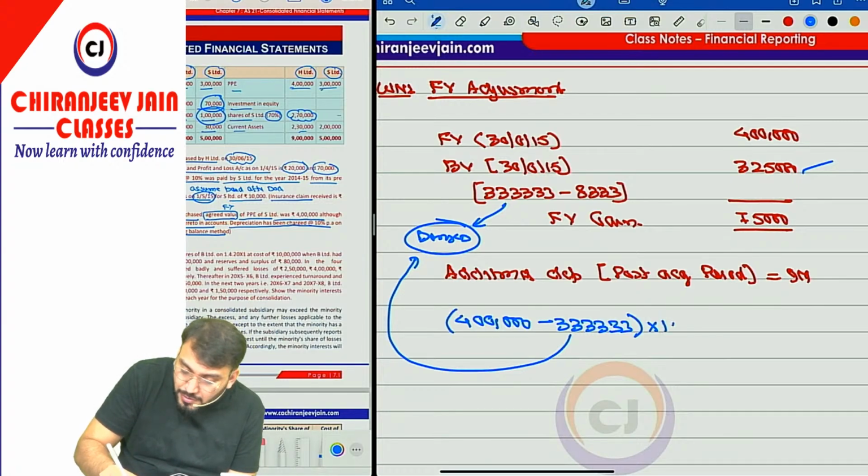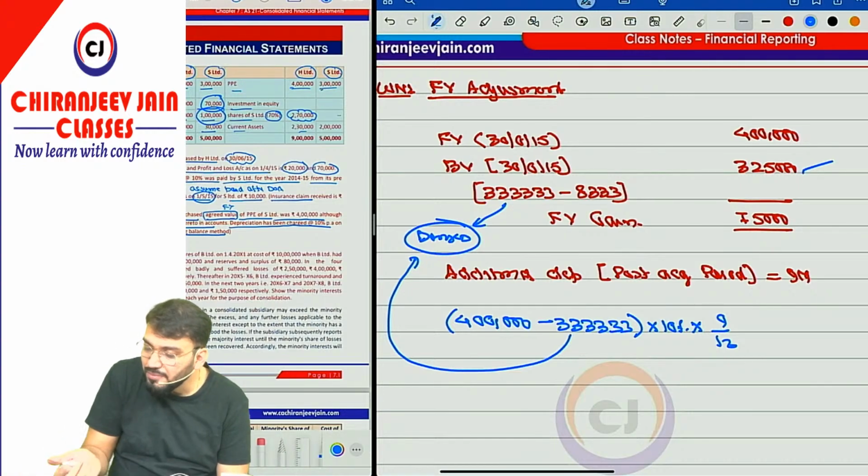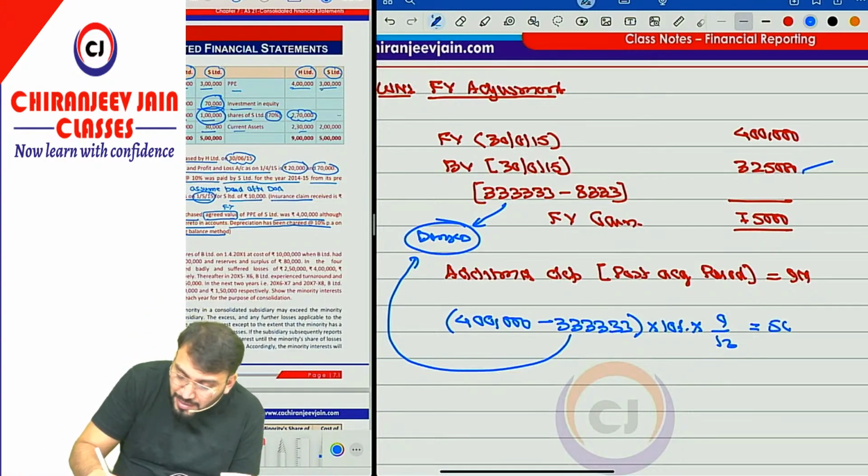This is actually danger. Into what? 10% into what? 9/12. How much is this coming? That means 4 lakh minus 3,33,333 into 10% into 9/12. Do 9 divided by 12. That is coming 5,000. So 5,000 becomes the additional depreciation. Correct.